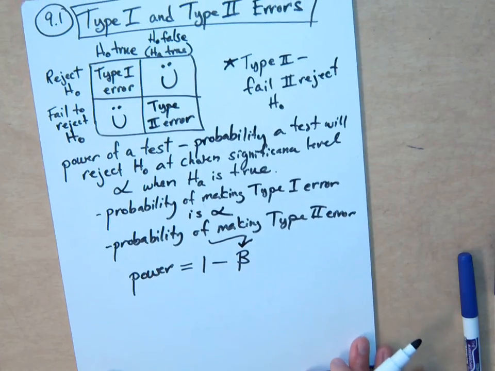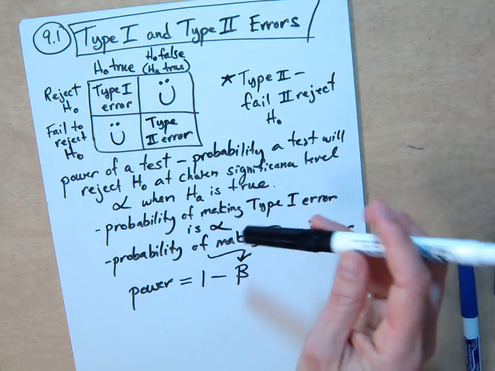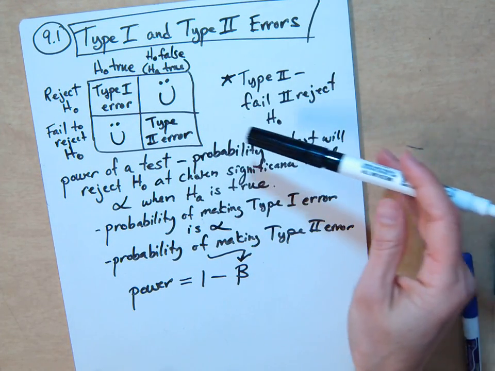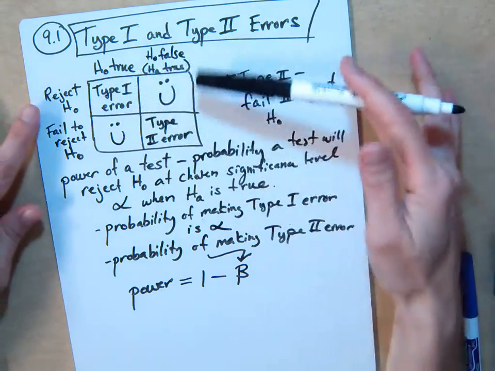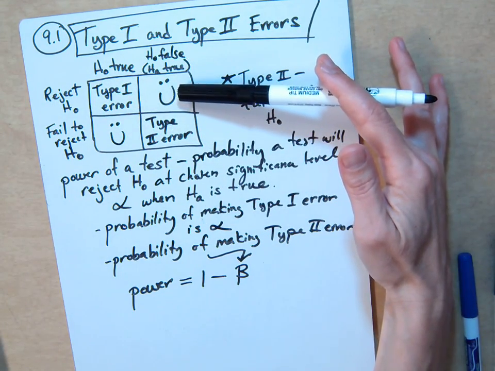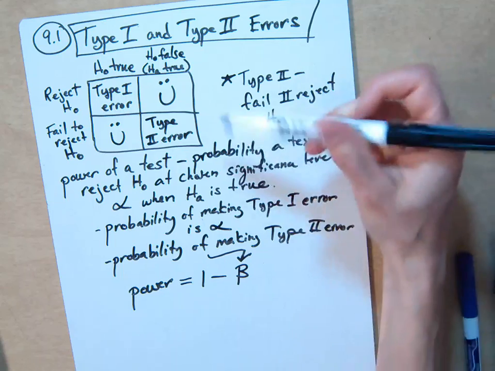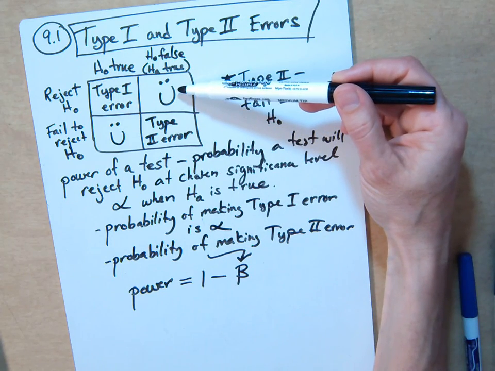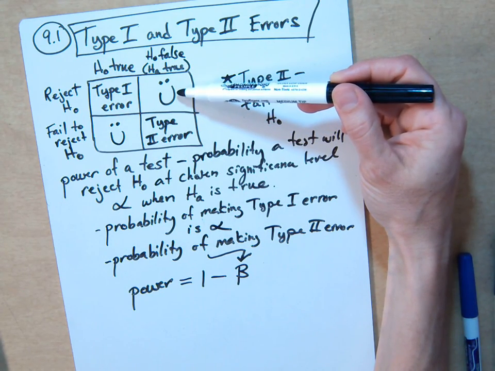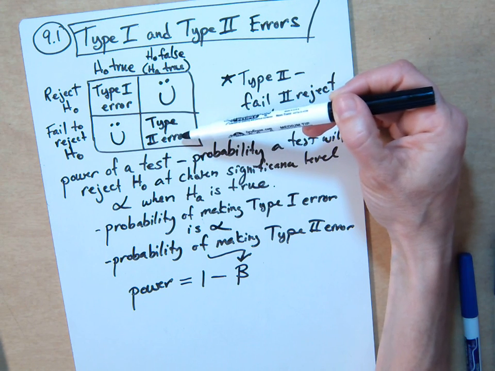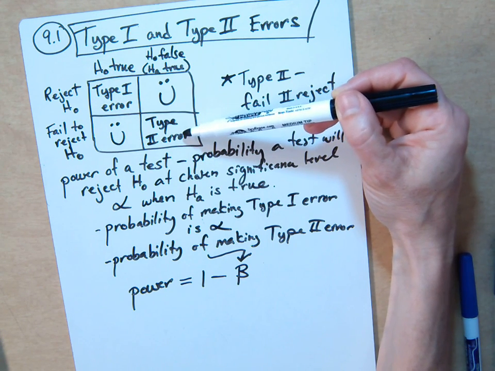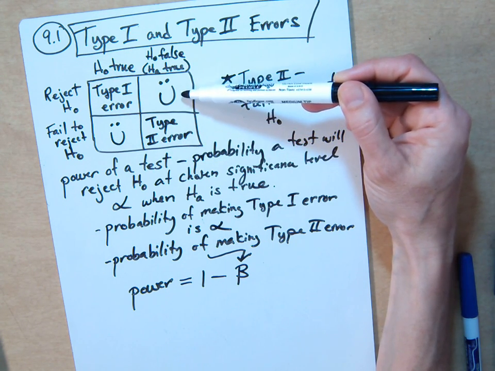So if we look at our chart, like the power of a test, the probability a test will reject H naught, let's say the power of the test is 0.87. If there's an 87% chance of this happening, then there would be a 13% chance of this happening, type 2 error. It would just be 1 minus the power of the test.